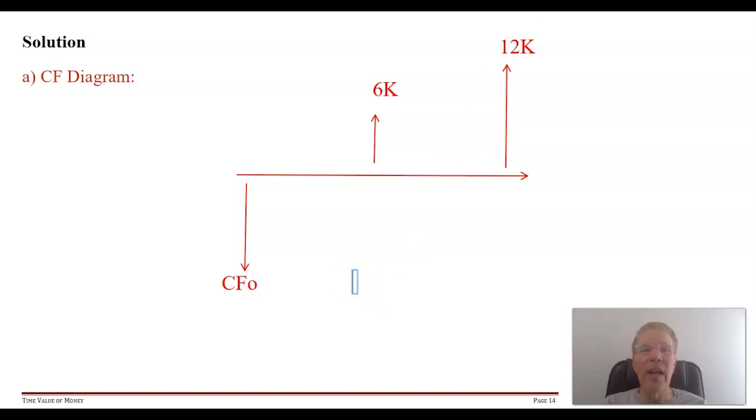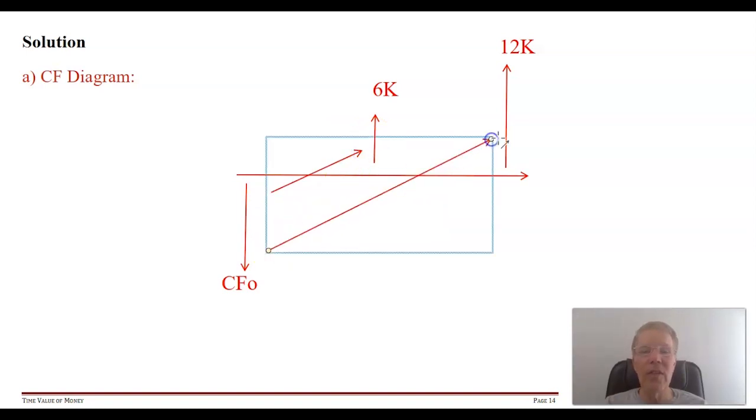And as usual, this CF0 is comprised of these two tranches, A and B. Let me draw these two tranches here, that one, and here's a bigger one.